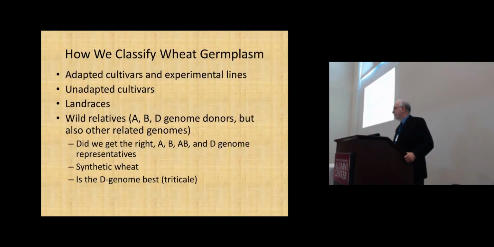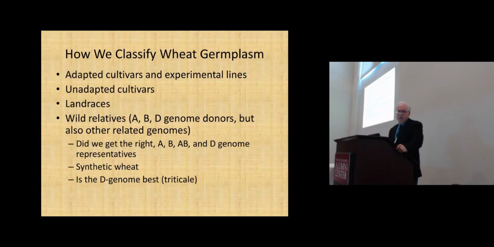We have spring wheats, sort of like the sissy crops that soybeans and corn are. Sorry, guys, just have to tease. But we do have some things that do that. We have land races, okay, which we'll talk about quite a bit. We have the wild relatives, the A, B, and the D genome donors, but we also bring in genes from a lot of other wild species because we have the cytogenetic tools.